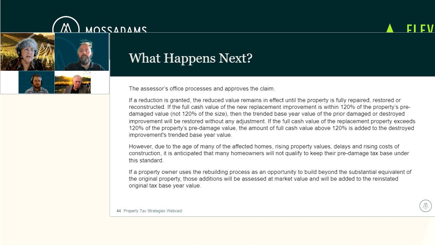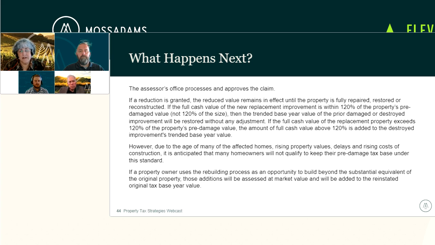The problem here also is that people are thinking, hey, I have an opportunity to build beyond what would be considered by the assessor to be a substantial equivalent of the original property. And if you do that, you run the risk of the assessor reappraising the property to the old base year value, but then adding the value for any new square footage on top of that value.